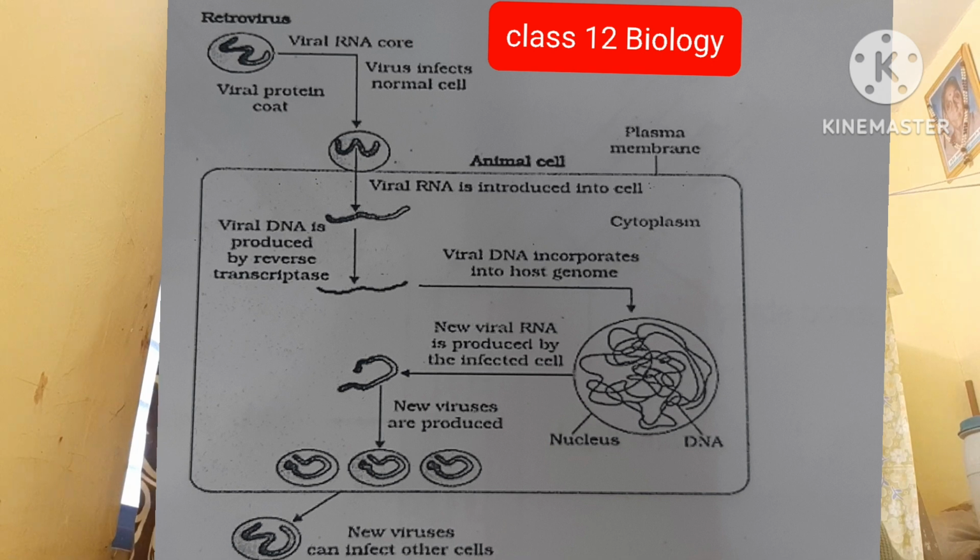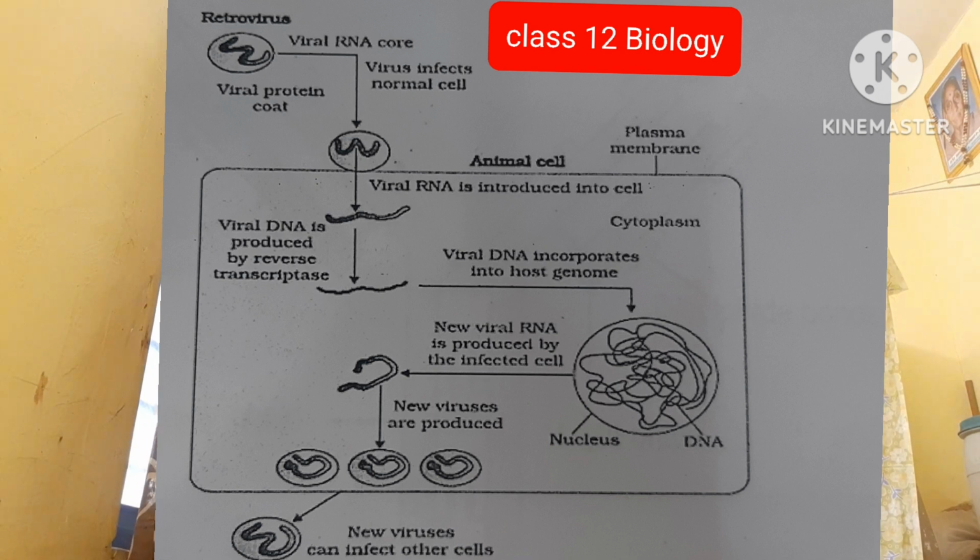Let us concentrate more on the diagram. The retrovirus has RNA as genetic material and a protein coat. As soon as it comes near the cell, the protein coat stays outside and the RNA genome enters the cytoplasm of the cell. Here the genome uses the reverse transcriptase enzyme and converts the RNA genome into DNA.